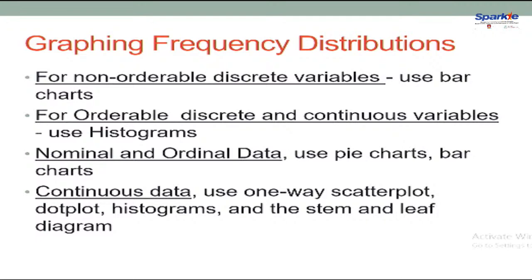When we mean non-orderable variables that are discrete in nature, ordering does not make sense. Who can give us an example of a non-orderable discrete variable? Colors. Okay. Another one. Gender.